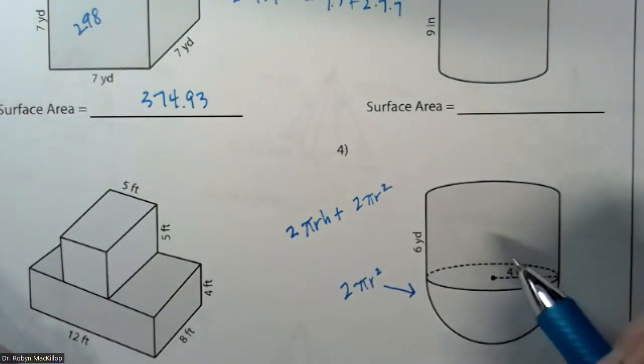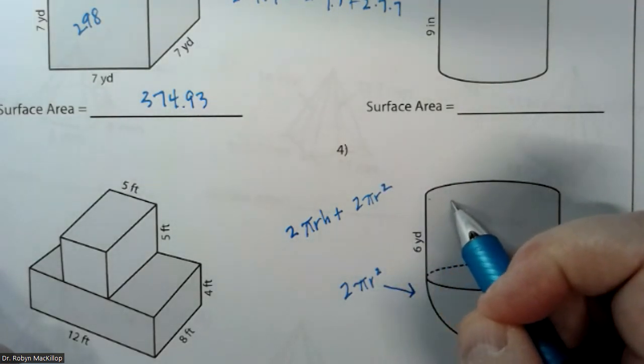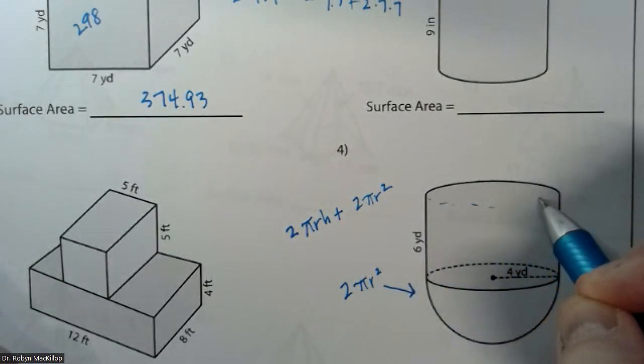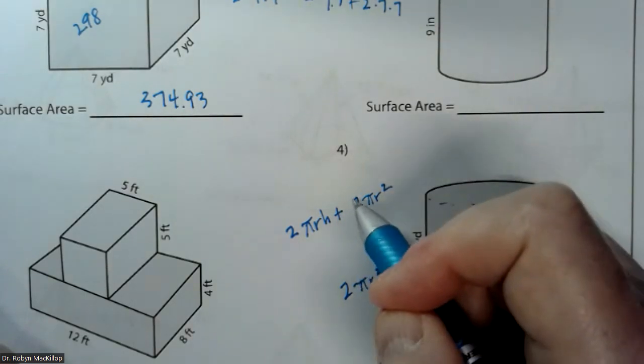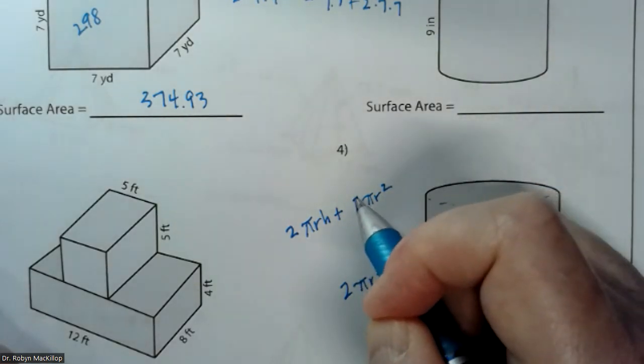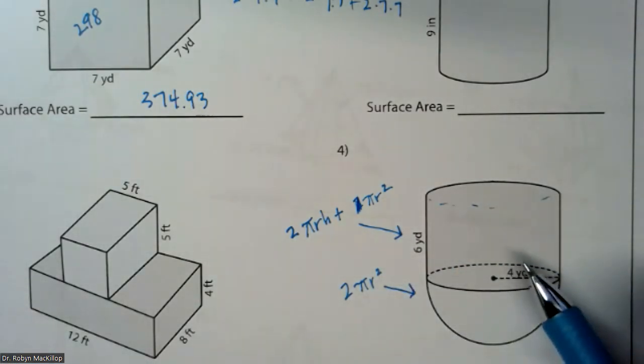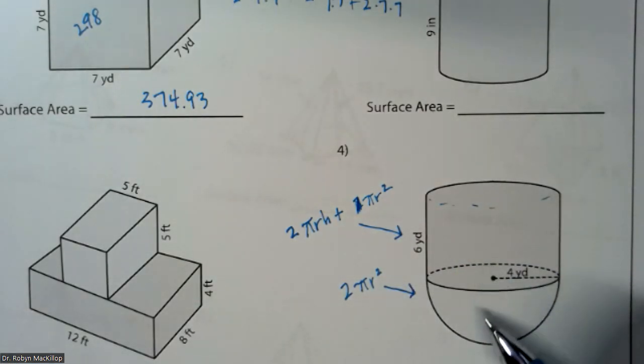However, we don't have 2 solids. We've only got the one. They forgot to draw that in. So we're going to get rid of the 2. Those are the 2 formulas you're going to use for this shape. Hopefully that makes sense. And then you add them together and you're good to go.